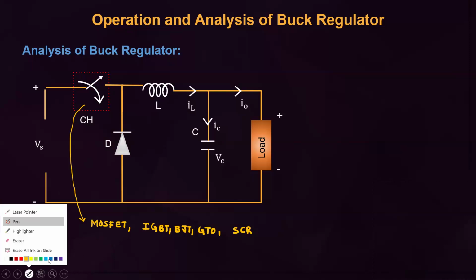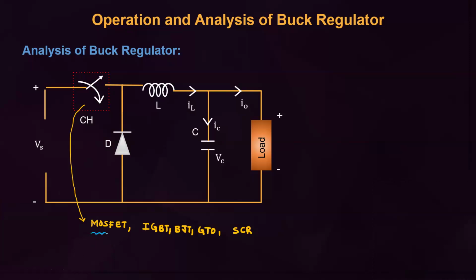If the switch is a MOSFET, it is used for high frequency, low power applications. IGBT, BJT and GTO are used for medium power applications.